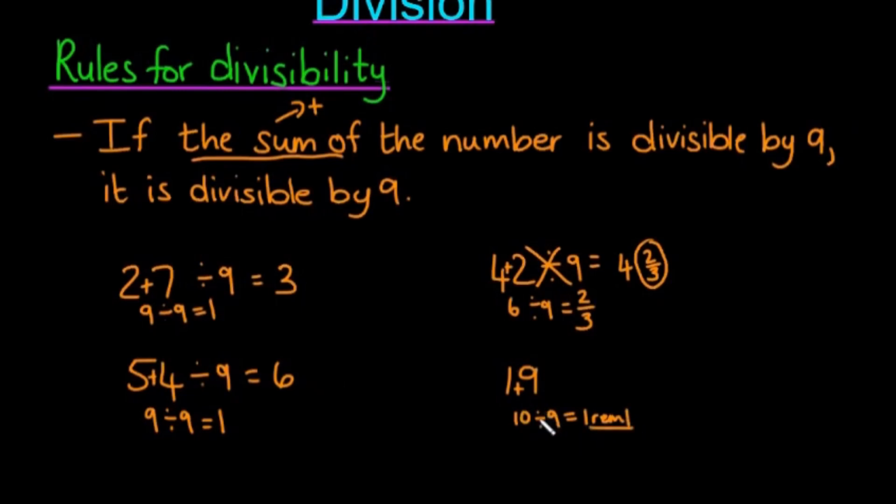That remainder means that 10 is not divisible by 9. And if I go ahead and divide 19 by 9, I'm going to get 2 remainder 1. That remainder tells me that 19 is not divisible by 9.